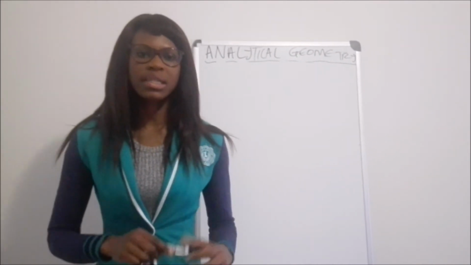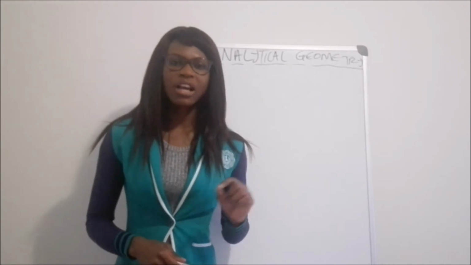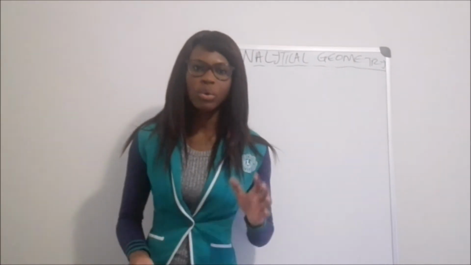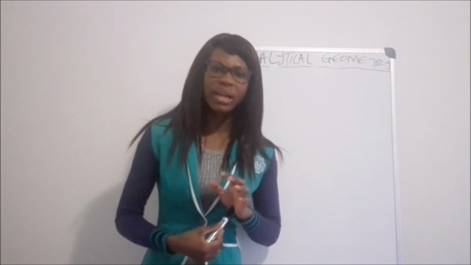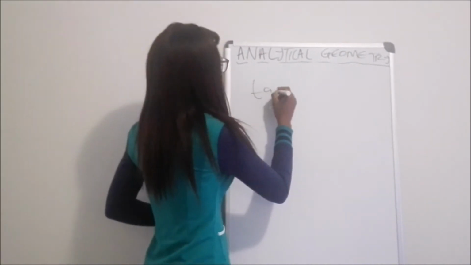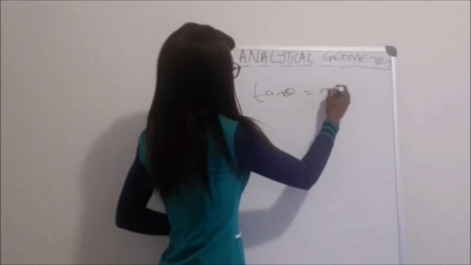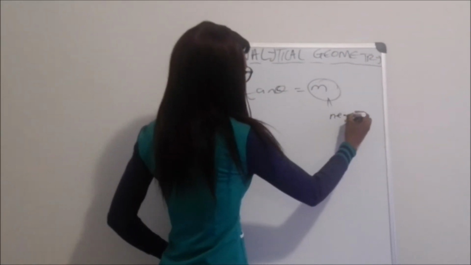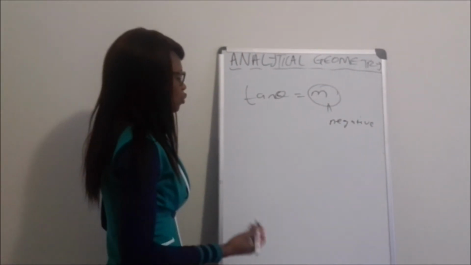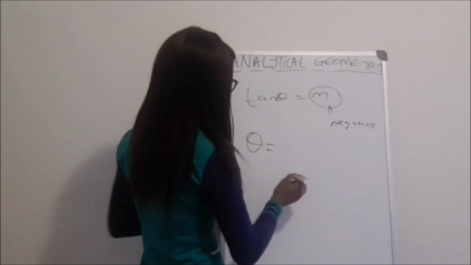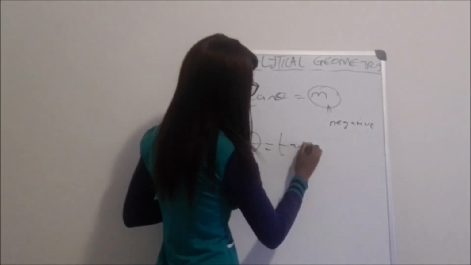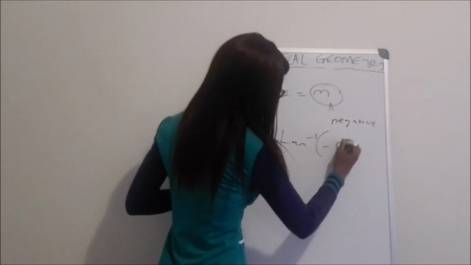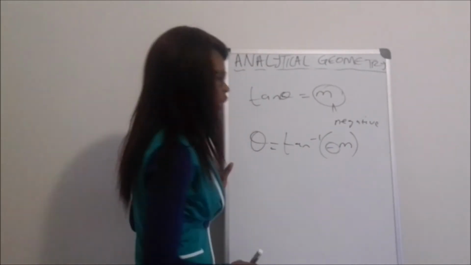To find the angle of inclination, you equate tan theta to the gradient, and your gradient is negative. So theta equals tan^-1 of the gradient, which is a negative gradient, right?